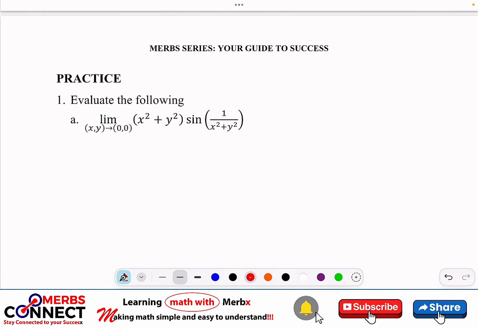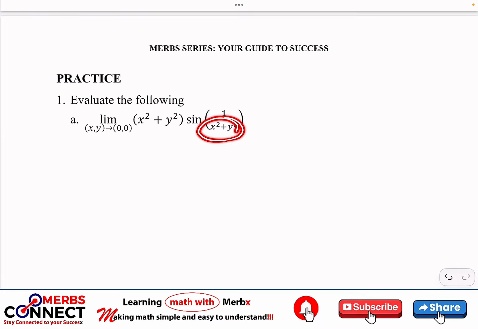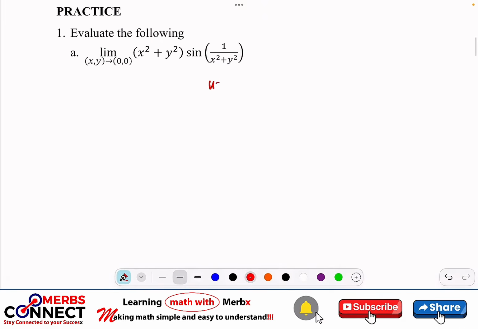So the example that we are going to take here is on polar coordinates. Let's start with this example here. We can see that we have x squared plus y squared here. So here we are going to use polar coordinates. Now what can we do here?